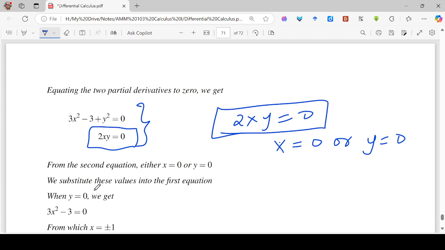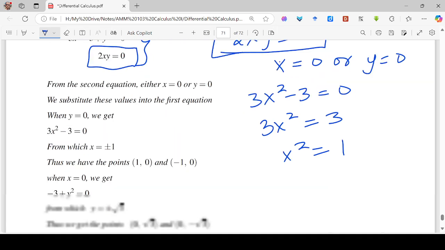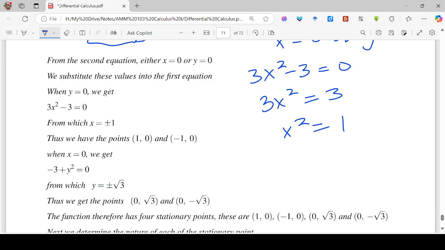If we substitute y is 0 into this, then we get 3x squared minus 3 is 0, from which 3x squared is equal to 3, and x squared is 1 when we divide both sides by 3, so that x becomes the square root of 1, which is plus or minus 1.